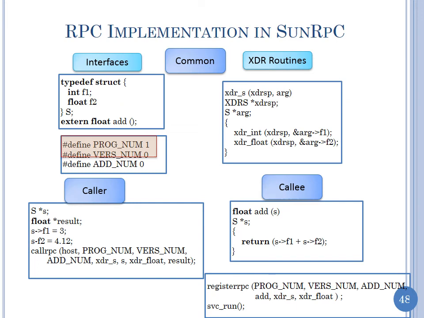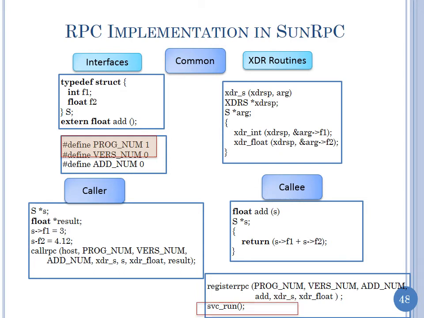When the system is lower level, like Sun RPC, we do know which thread is going to execute these calls.